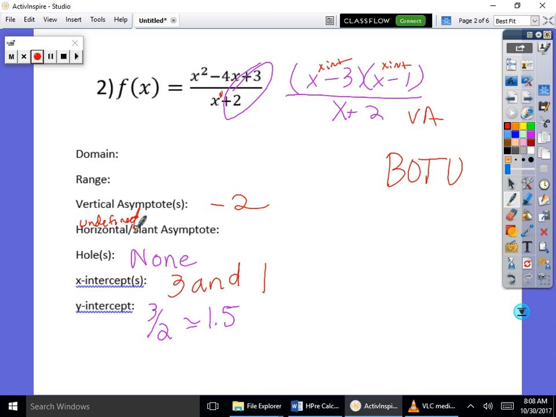If there is a remainder, we're going to ignore it. Okay? So I'm going to take the coefficients of the top. What are the coefficients of the top? 1, -4, and 3.